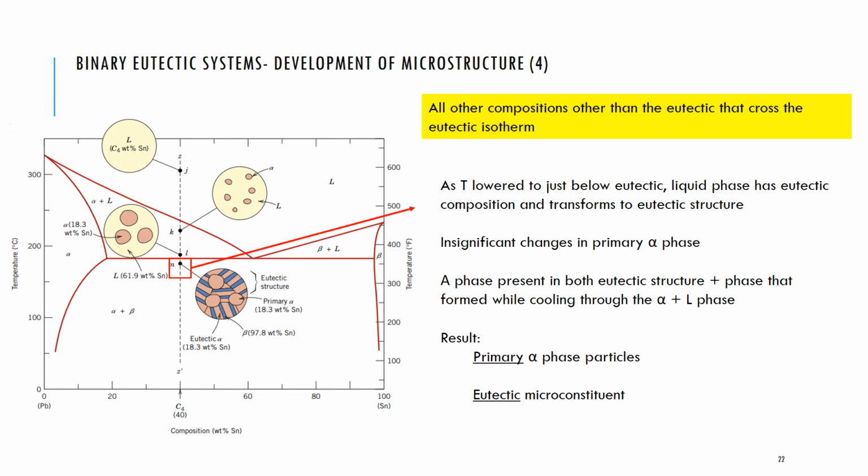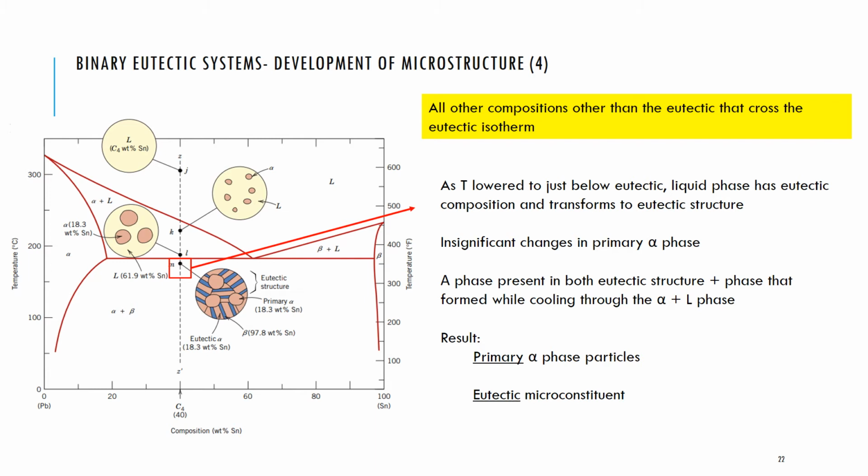Now, as you lower the temperature to a temperature just below the eutectic point, you start to get those eutectic structures evolving. So what you have is a system in which you've got that classic lamellar eutectic structure, but also alpha phases that have started to solidify as they pass through that alpha plus liquid phase region.